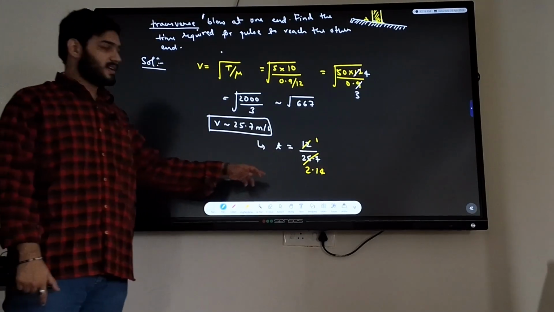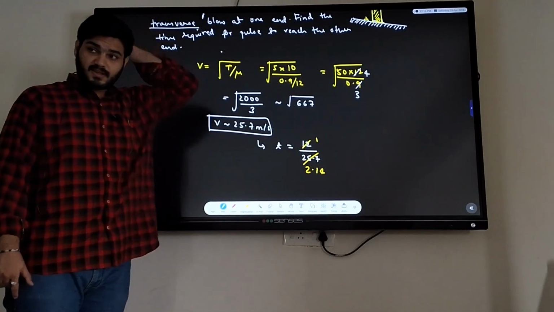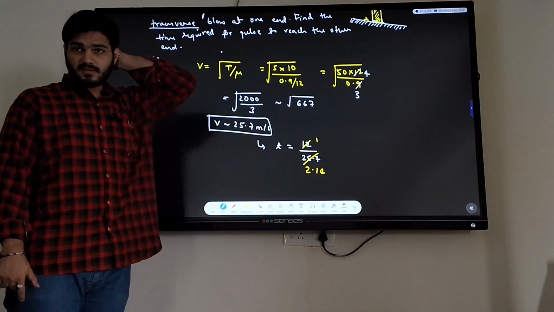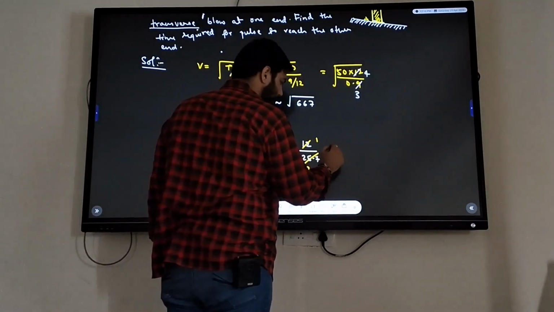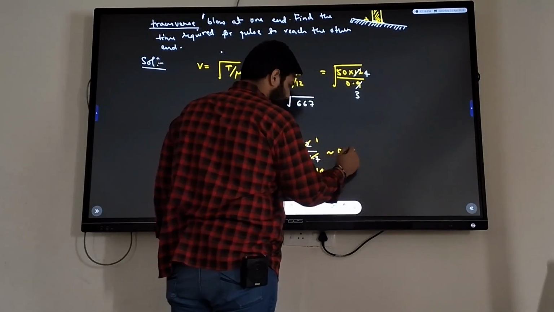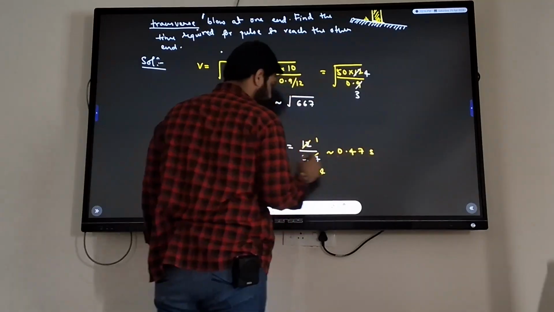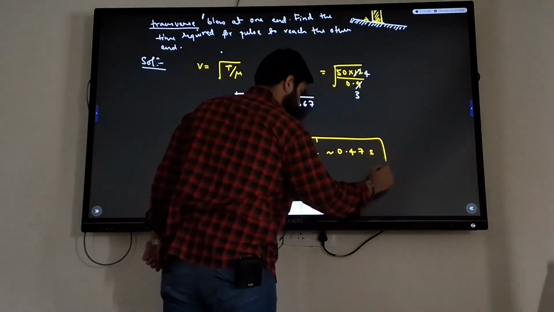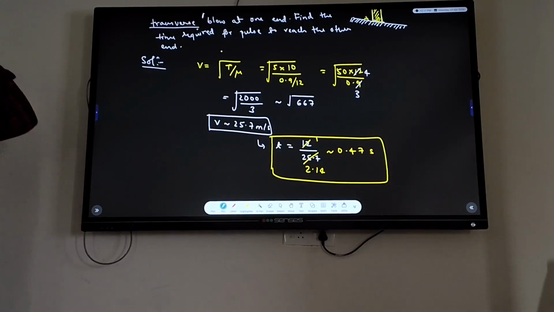So something a little less than 0.5, something like 0.48, or 0.47. Do the calculation and check it. Is it okay?